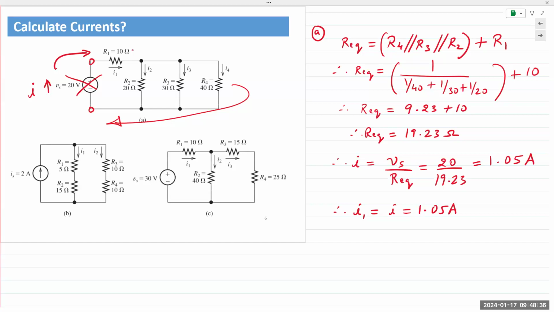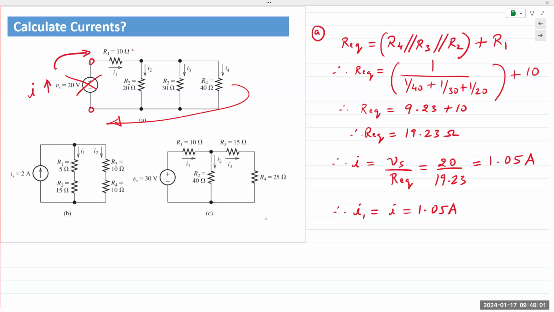So let's find the voltage across R1. Now we can solve this in two different ways. We can find voltage across R1 and find voltage across the parallel network by applying KVL. Or we can find the current flowing through, well, we already know the current. We can find the voltage that appears across all three of these.